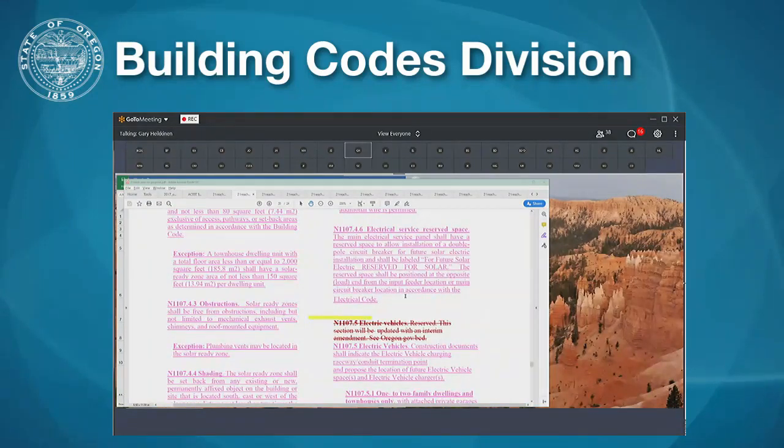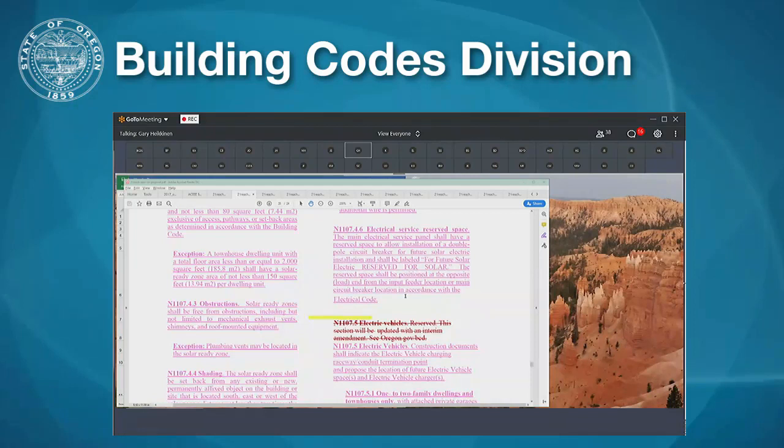Hey, Gary Heikkinen. The other concern I remember since I was on that review committee in regards to expanding the solar ready was, if it were in the base code, it would impose these requirements on all new homes, regardless of whether they might ever use them.